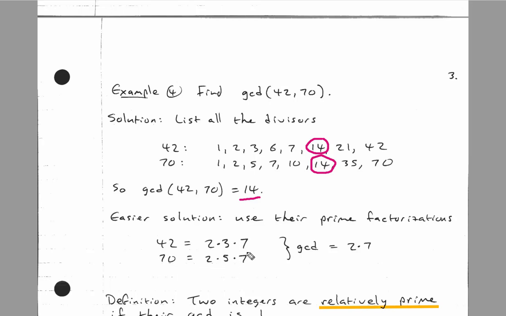And how can we use these factorizations to get the GCD? Well, now we're looking for common factors. So they both have 2's. They both have 7, so just one 7 and one 2 in common. So the GCD is 2 times 7.